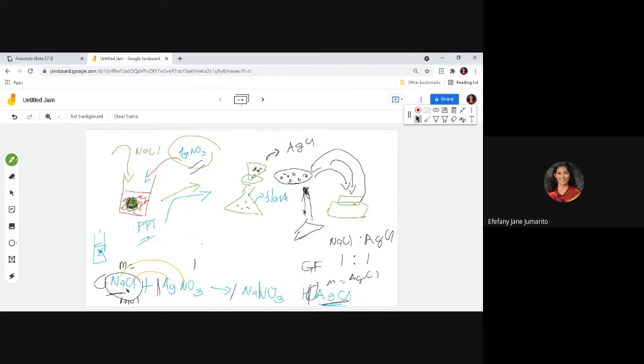Going back to your laboratory in the first activity, when we were preparing the Mohr's salt, as you can remember, we added a reagent solution there to form a precipitate. Then we filter it using the flask and your filter paper. Then we ignite and dry our solid, and that's the time that we weigh.